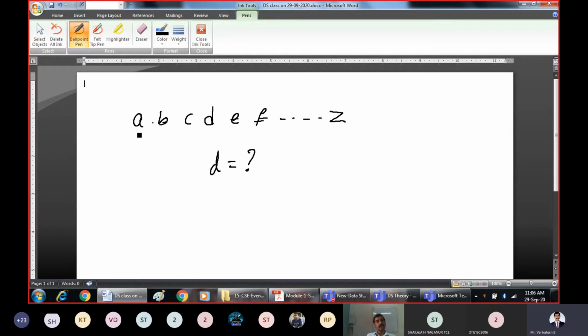First compare D with A. Is it equal? No. We have made one comparison.